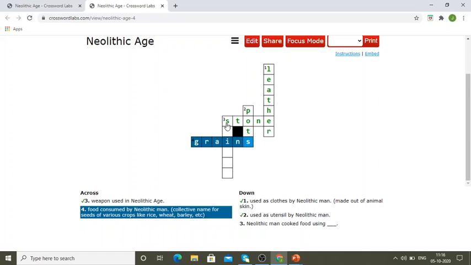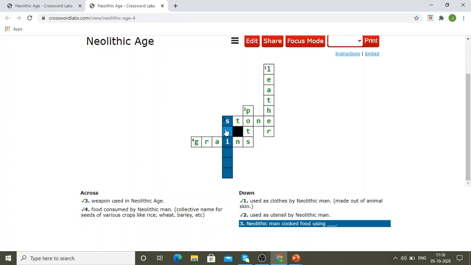And the last question, that is Neolithic man cooked food using, so that is sticks. So that's the right answer of the puzzle. Now let's go back to the lecture.